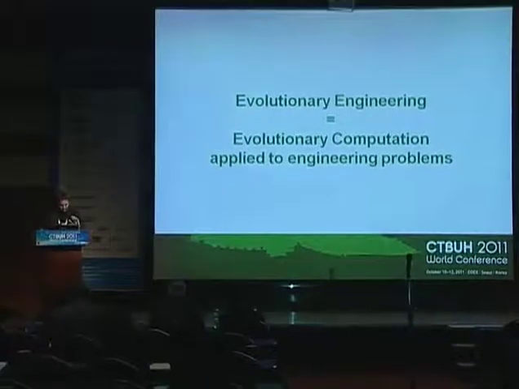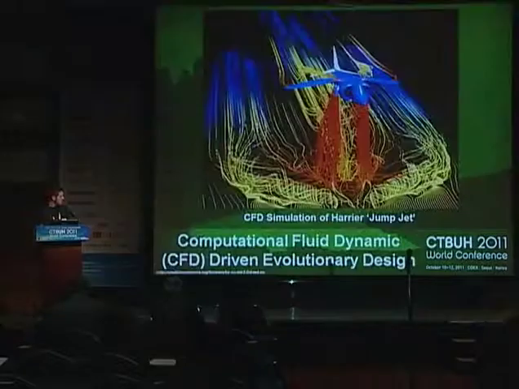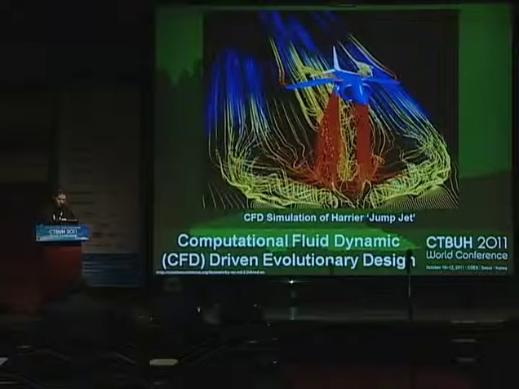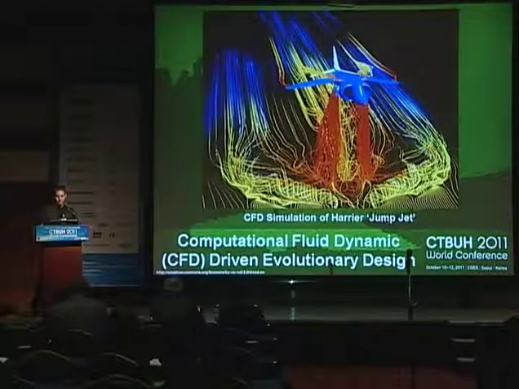Evolutionary engineering is evolutionary computation applied to design. Coupling the evolutionary computation techniques with computational fluid dynamics is a technique that's been used in engine and aircraft design. If any of you came over on a Boeing 777, then the engines on the wing of that plane were optimized in this way.